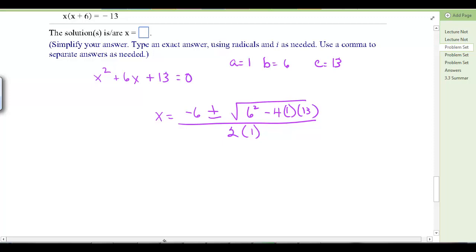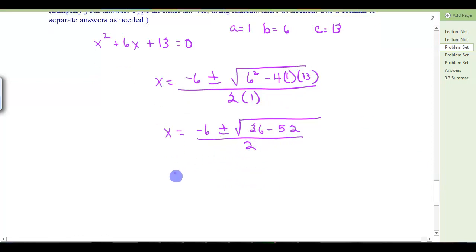What do we have inside? We have x equals -6 plus or minus square root of 36 minus 52 all over 2, and then we have x equals -6 plus or minus square root of -16 over 2.